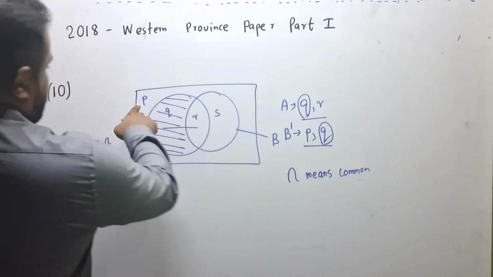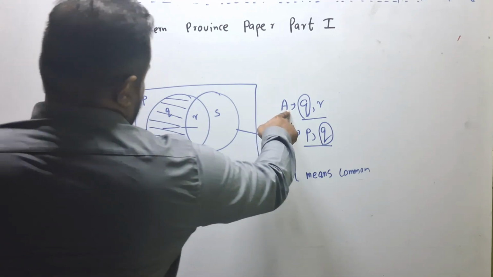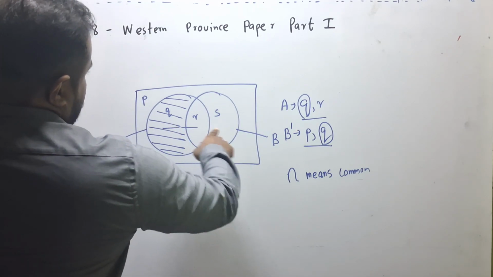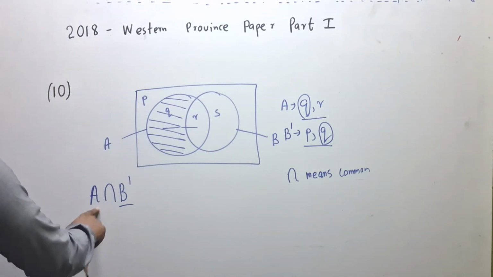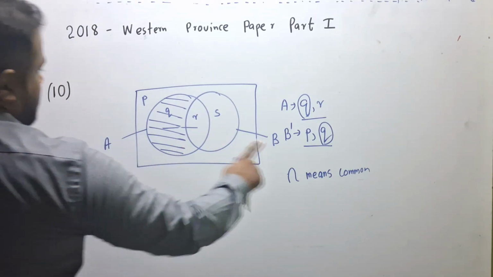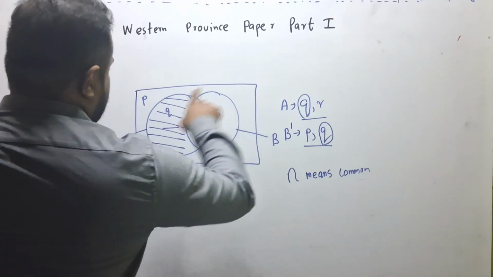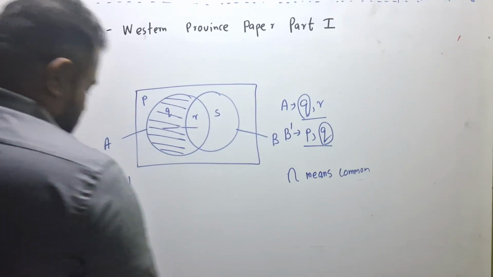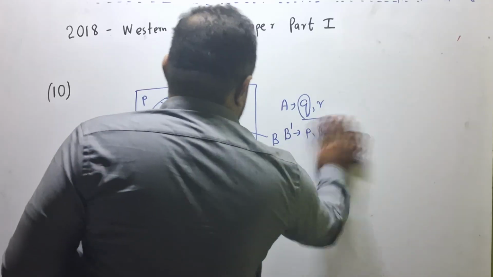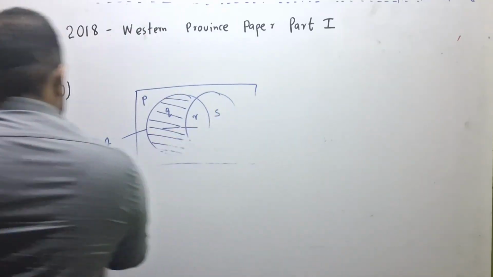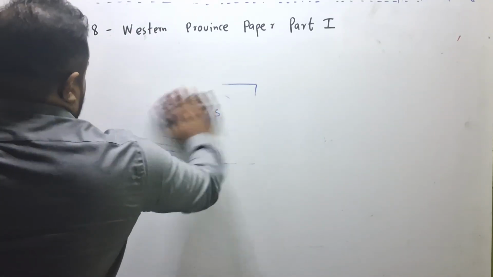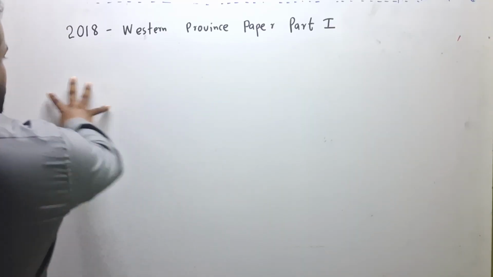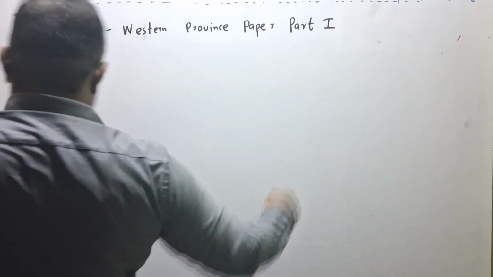B dash means P and Q. A means Q and R. A intersect B dash means only the common part, that means Q. That's the answer. You can use that PQRS method to identify the region.